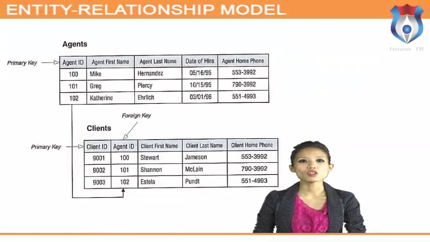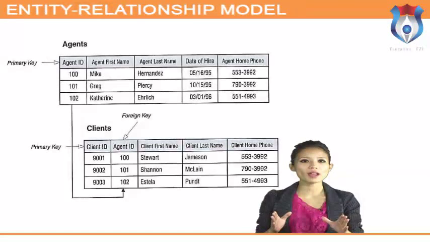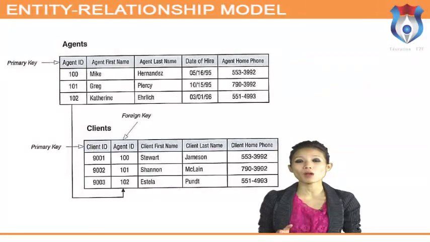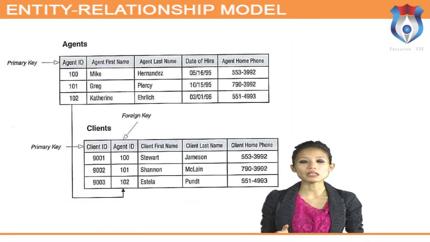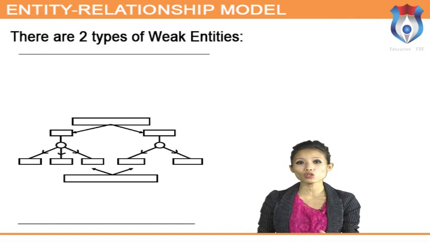IDEF1X notation, it is represented by an oval entity rather than a square entity for base tables. A weak entity does not have any items in its primary key other than its inherited primary key and its sequence number. An associative entity is an element of the entity relationship model.